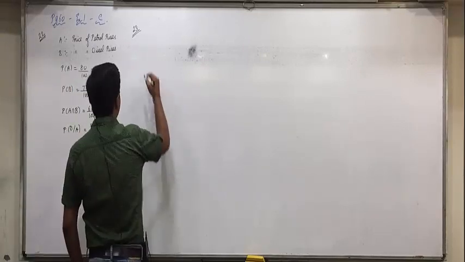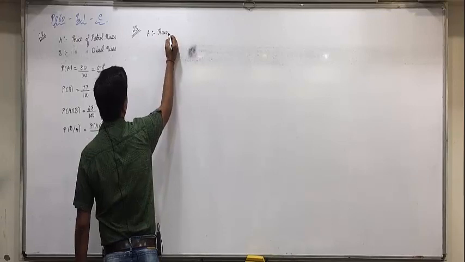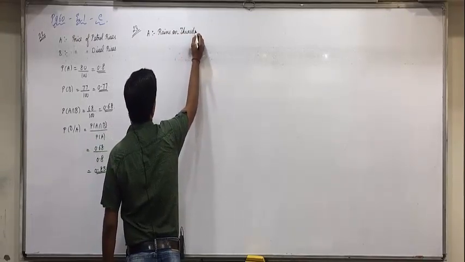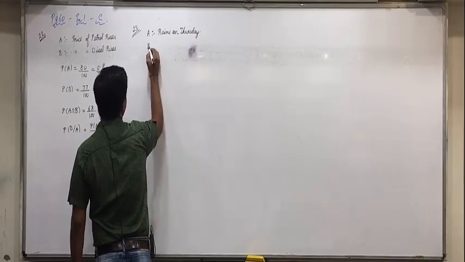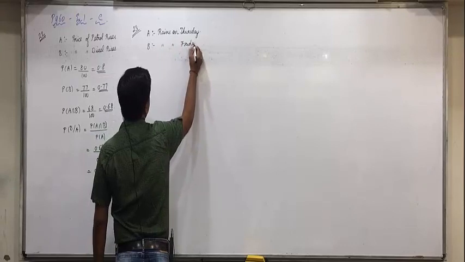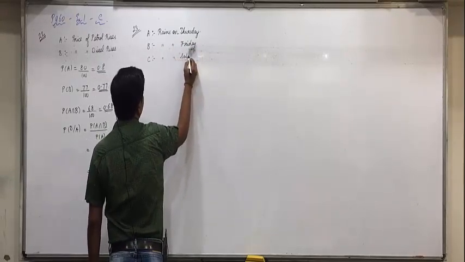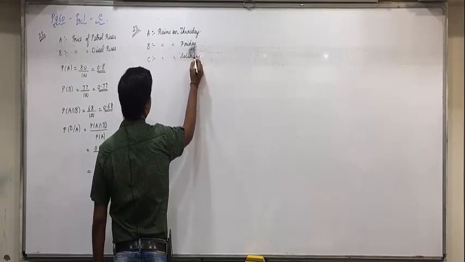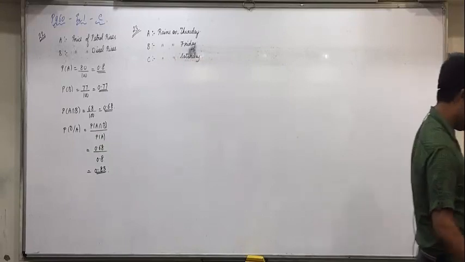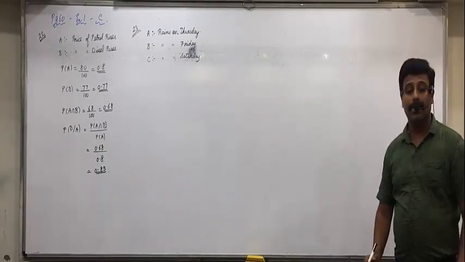So let event A be the event that it rains on Thursday, and let event B be the event that it rains on Friday. Also let event C be the event that it rains on Saturday.